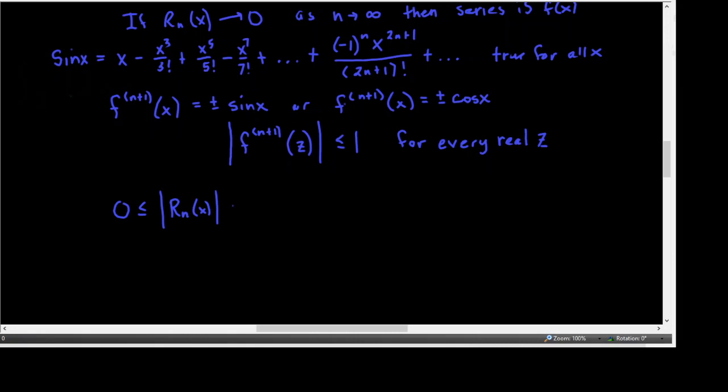And that is, as we've seen, the absolute value of the n plus 1 derivative of f, evaluated at z, divided by n plus 1 factorial, times x to the n plus 1.